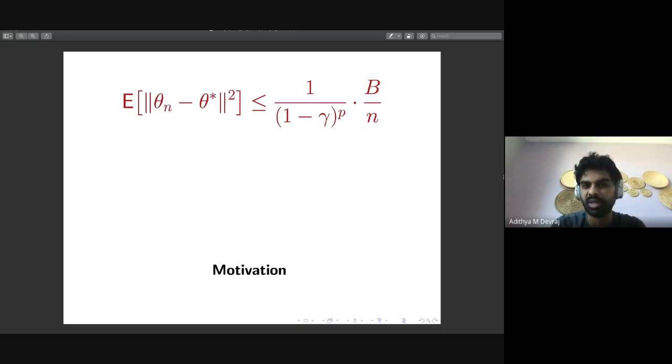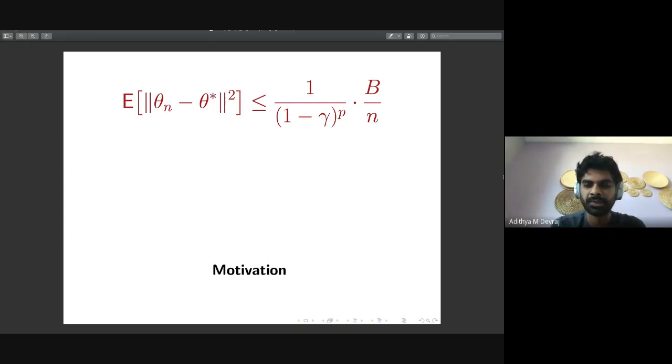Theta star is the optimal parameter vector that approximates one of these two functions. Gamma is a discount factor. P is a scalar that is usually bigger than or equal to 2. And B is some scalar quantity that depends on your environment parameters, and n is a number of iterations.